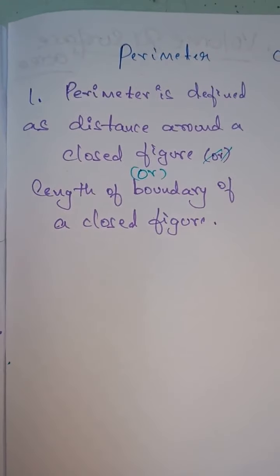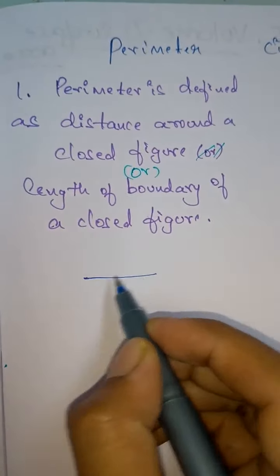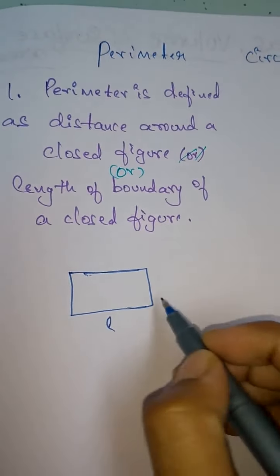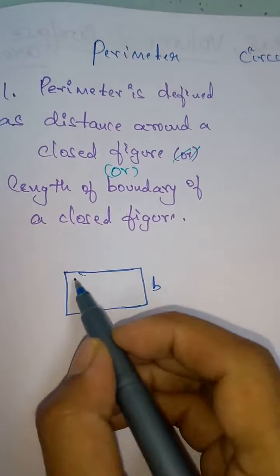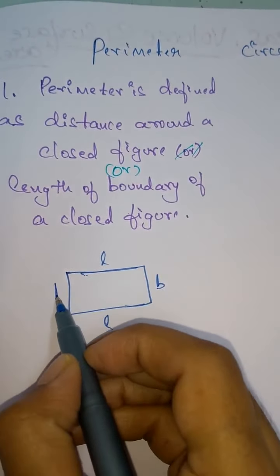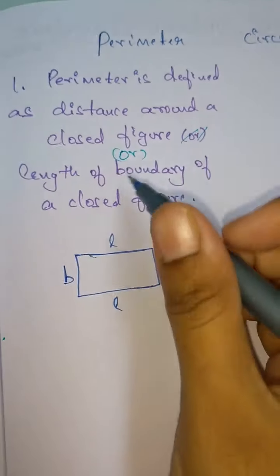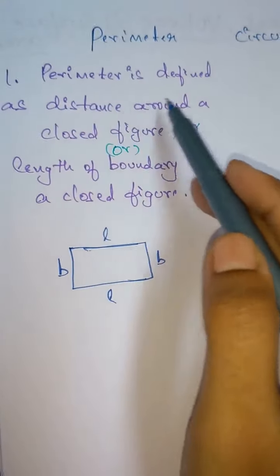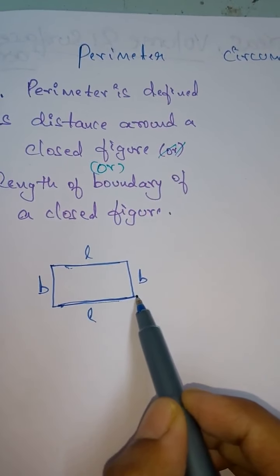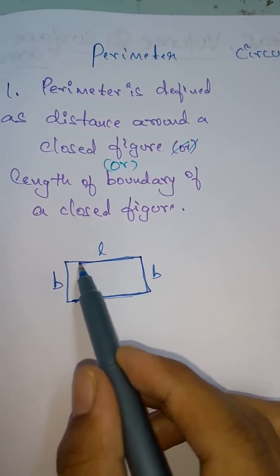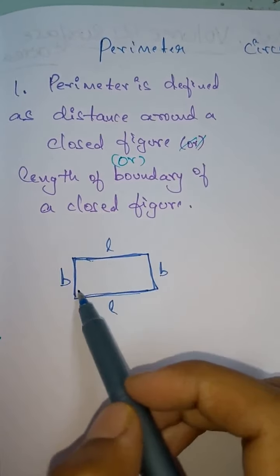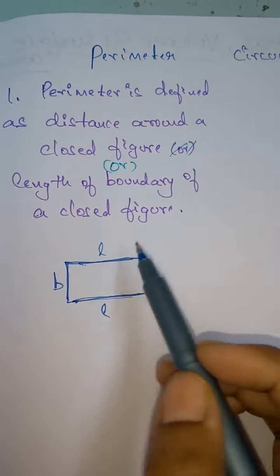Suppose this is a rectangle having the length and the breadth. Here this is the same length, so here also L. This is the breadth, here also B. So perimeter is defined as a distance around a closed figure. This is the distance, L plus B plus L plus B, that is the overall length of the boundaries of a closed figure.